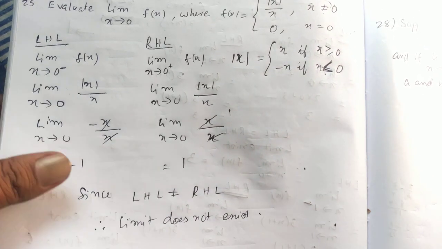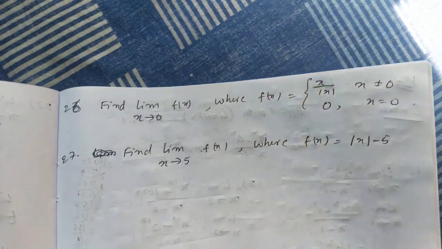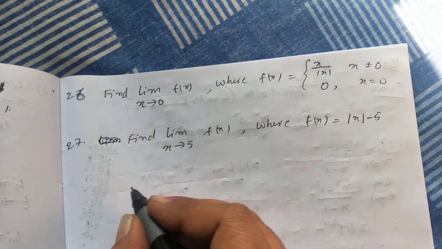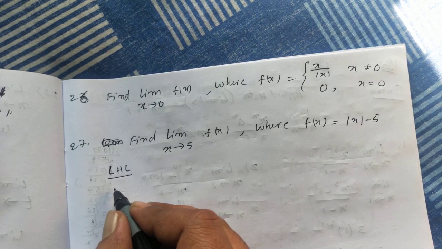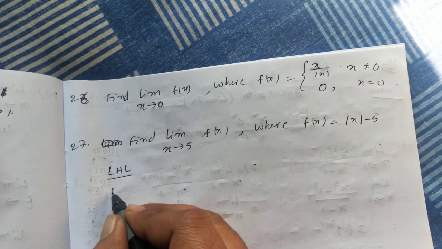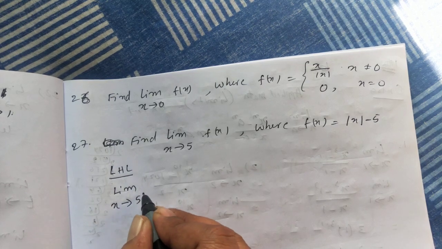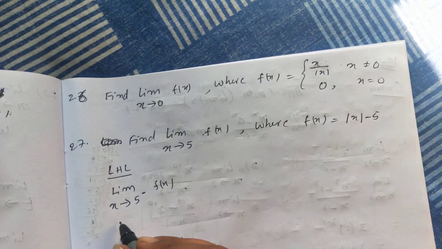You can pause the video and write. Question number 26, you can do as homework, similar to 25. Here also we have to do like that. Left hand limit, limit x tends to 5 negative f(x). They have already given the value.